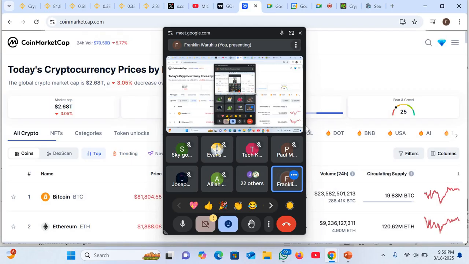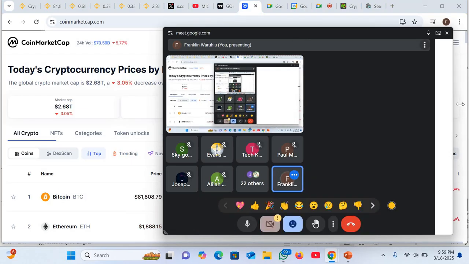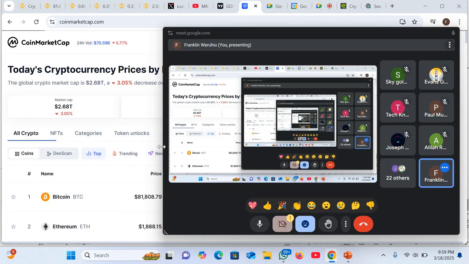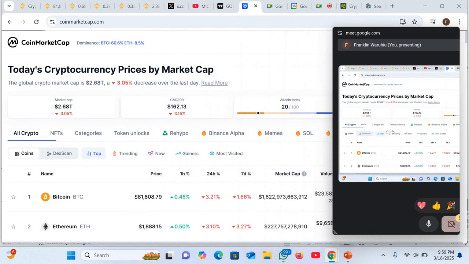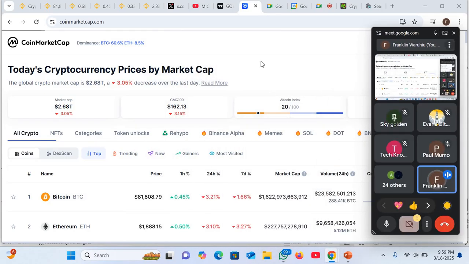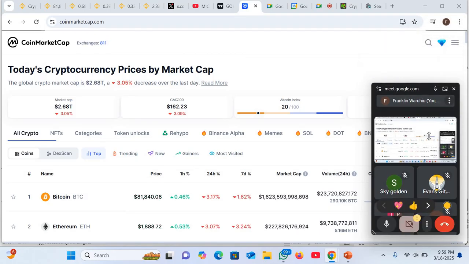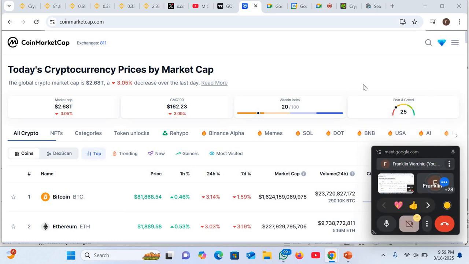Just allow me to drag this on my right side. So I have opened the CoinMarketCap page, and I want us to go through it together and see the different things that CoinMarketCap shows.